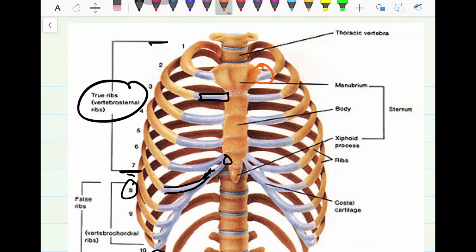Then from the anterior groove there passes the subclavian vein, and from the posterior groove there is subclavian artery. Okay. And brachial plexus, this is brachial plexus lower trunk, that is T1.